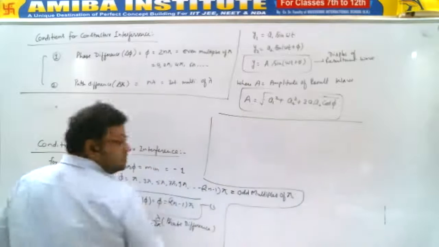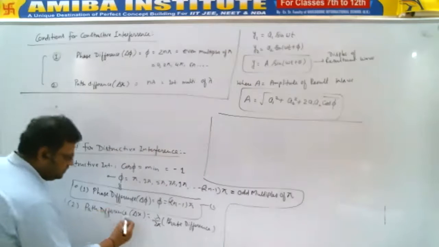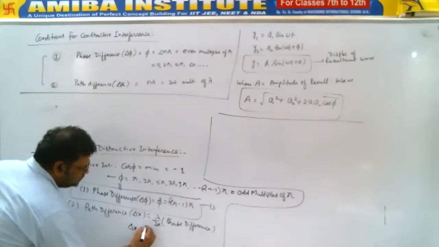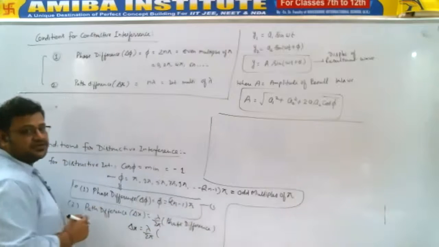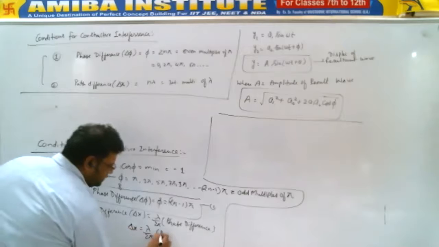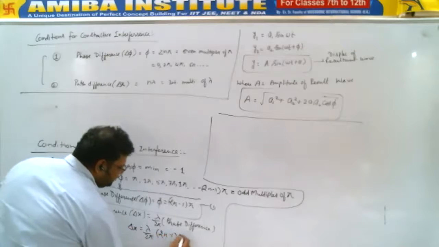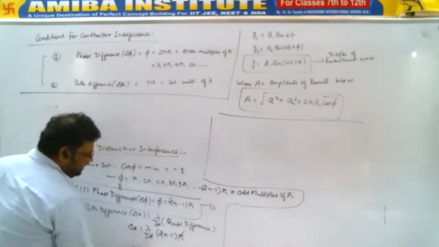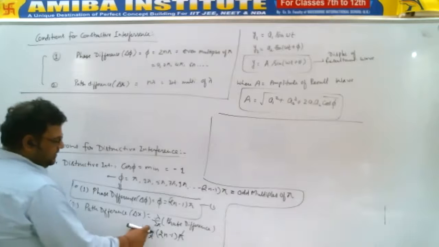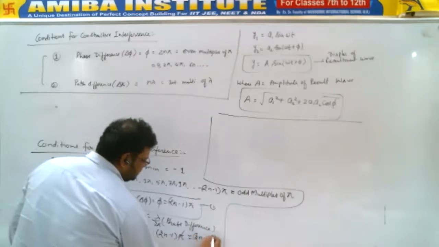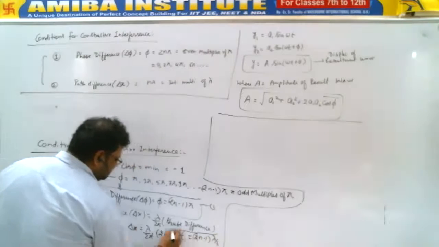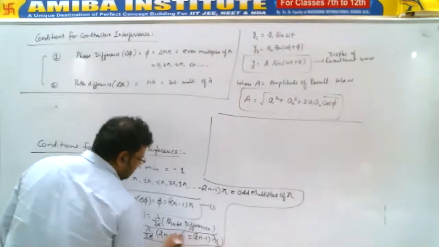Delta x is equal to lambda upon 2 pi. Phase difference is what for destructive interference? 2n minus 1 pi. So I'll substitute this value, 2n minus 1 pi. So pi and pi get cancelled. 2n minus 1 lambda by 2 is the remaining term. So this is the second condition.